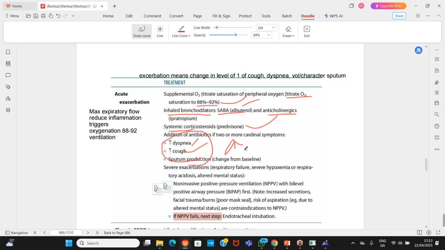Are they coughing? If they are coughing, is it productive? Any two of it, give antibiotics. So don't forget, oxygen, bronchodilators, then steroid. Asthma, inhaled steroid. COPD, oral or intravenous steroid. Then look at, is there any need for antibiotics? Evaluate. If there's a need, give it. If there's no need, don't give it.